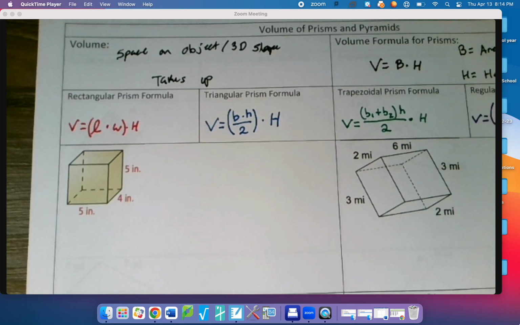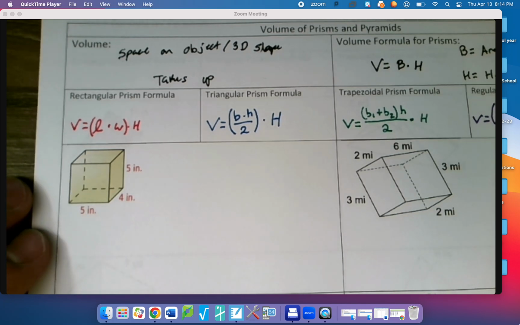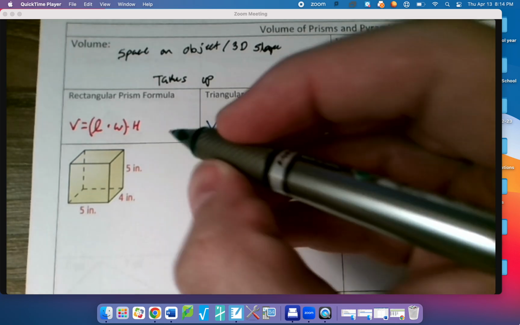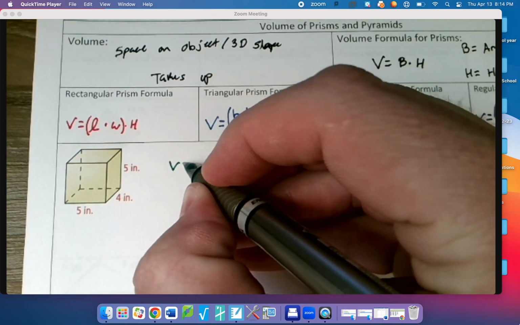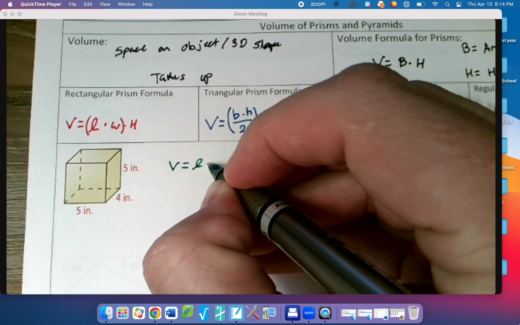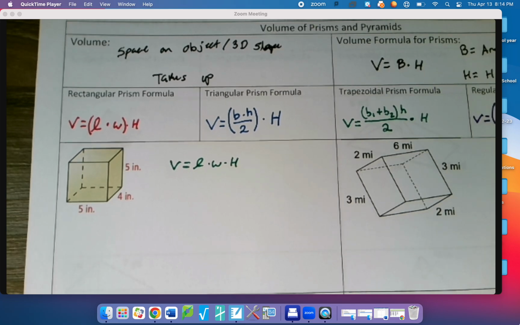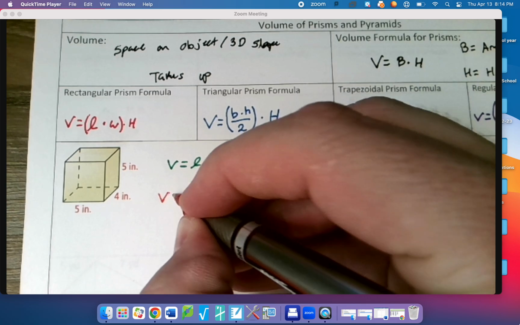All right, we want to find the volume of these prisms. The first thing we're going to do, and in order to show full work on our homework, is write down the formula that we intend to use. Length times width times height. On a rectangular prism, the length, the width, and the height are all interchangeable.